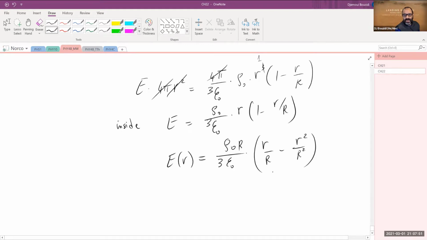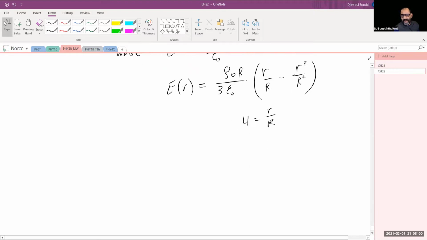Okay, it's much easier to do it this way and deal back with my unit u again, which is r over R. So I'm going to plot it as a function of that. So this is the function I'm trying to plot, u minus u squared. Everything else is constant in here, which I can throw under this one and call it E naught. Okay, so for u equals 0, E is equal to 0.